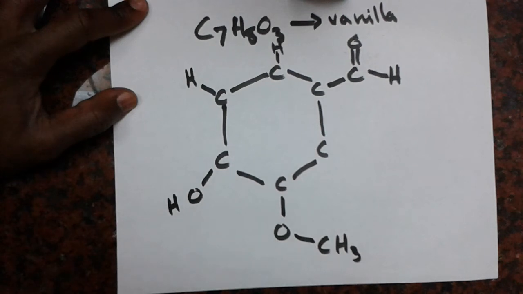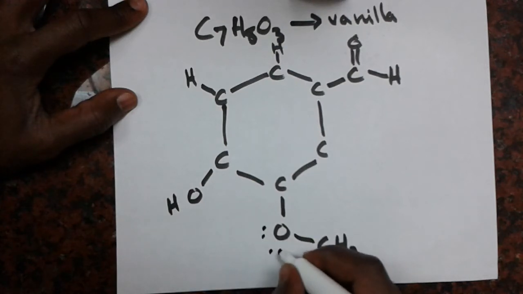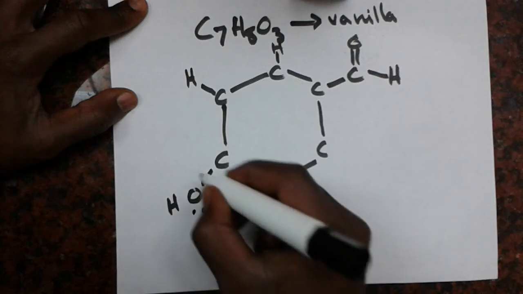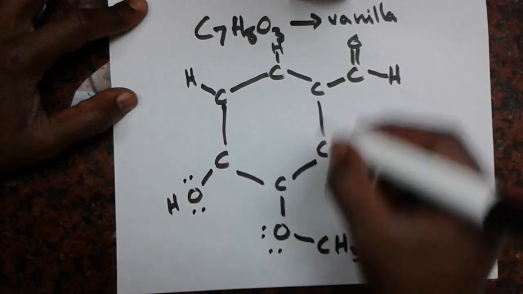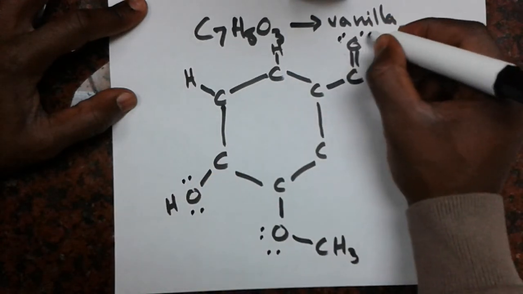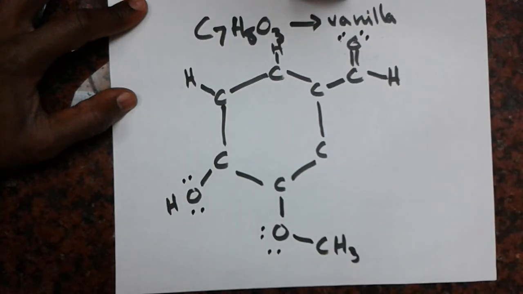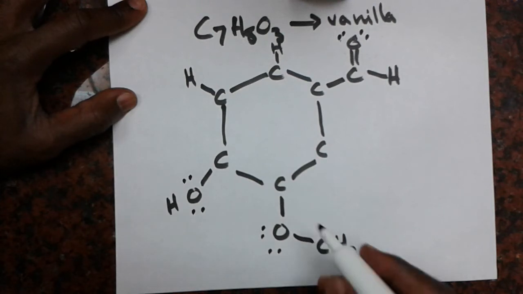So this representation of vanilla is almost complete. However, we could add more detail by showing which materials have non-bonding electrons. Additionally, we have to make sure we have the appropriate number of bonds on each of our carbons.